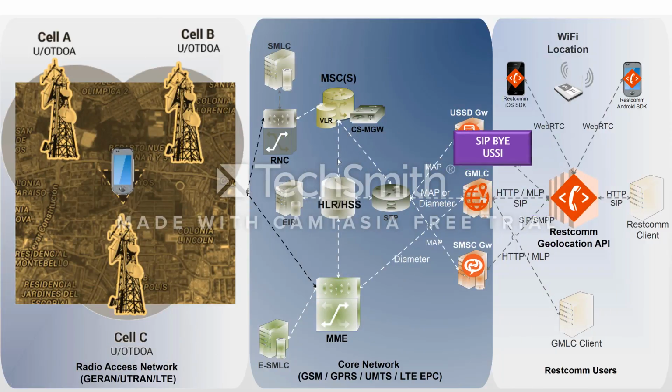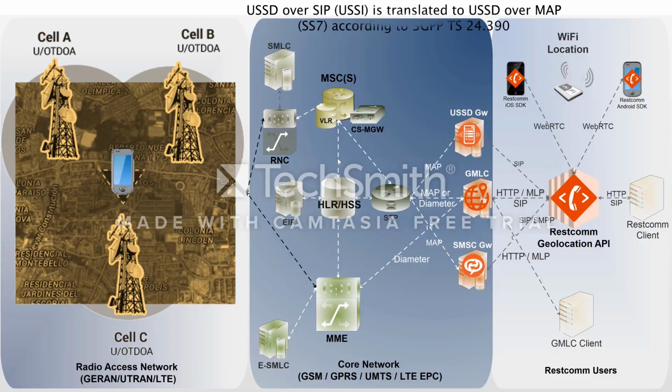So there goes SIP to the USSD gateway, which translates USSD over SIP, or USI, to USSD over MAP for an SS7 network, according to 3GPP TS 24.390 is for USI.